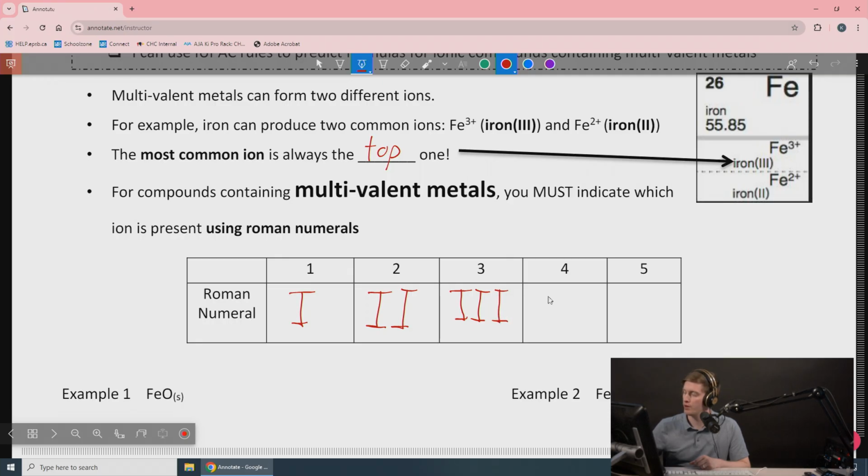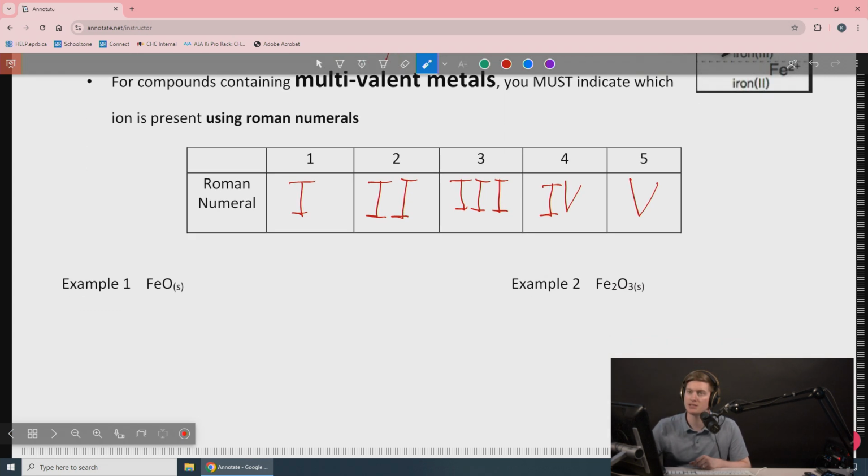Roman numeral 4 is an I to the left of a V. And the Roman numeral for 5 is a V. 4 is an I to the left of the V because it's saying 1 before 5, which is 4. And for 1, 2, and 3, you're just counting up how many I's there are.